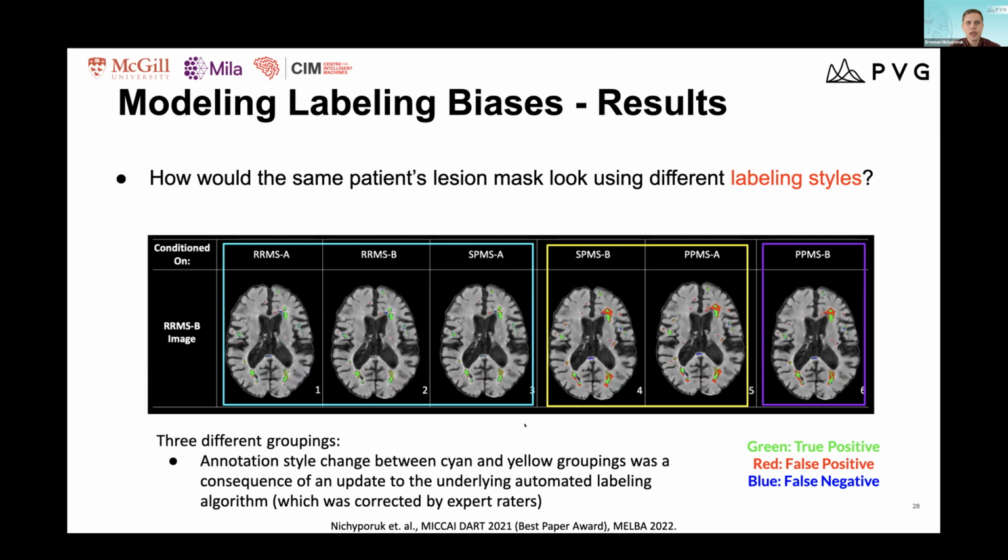But what's maybe the most interesting here is that the annotation style change between the cyan and yellow groupings was, we found out later on, a consequence of an update to the underlying automated segmentation algorithms that experts then corrected. The bias of the underlying algorithm itself was enough to dramatically shift the label distribution.